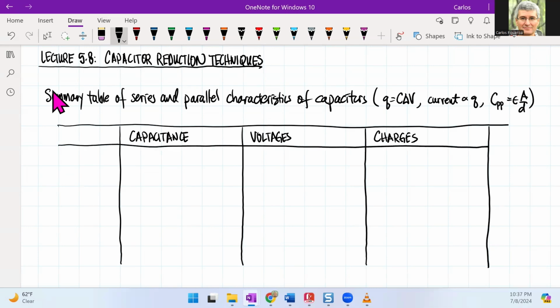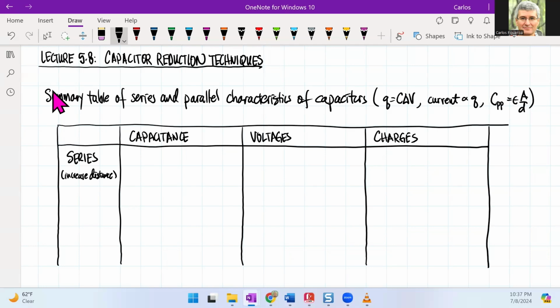So now let's start talking about series. If I say the word series, what this means here is that we increase distance. Okay, we're going to increase distance. So here's what I know.